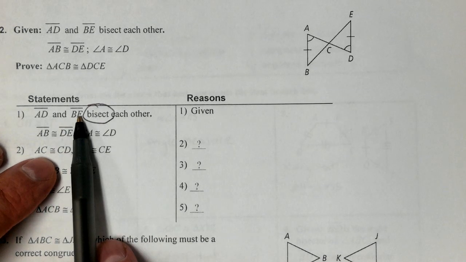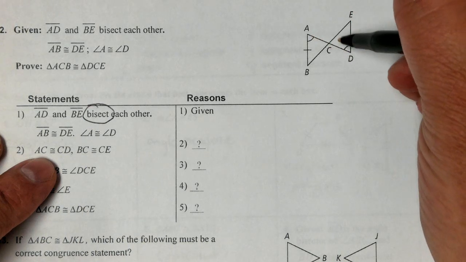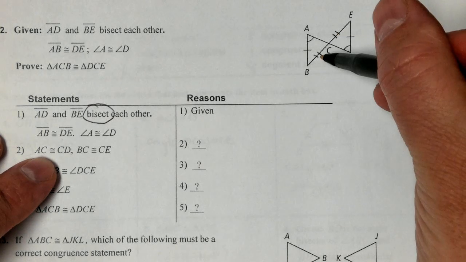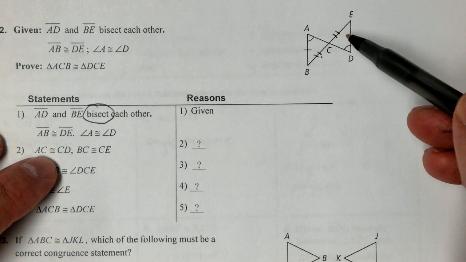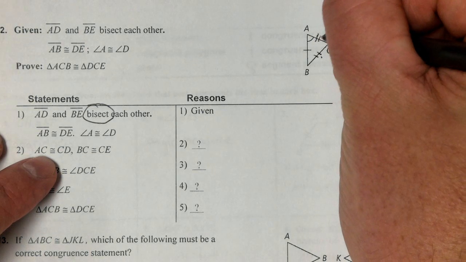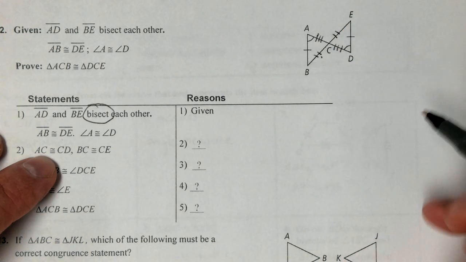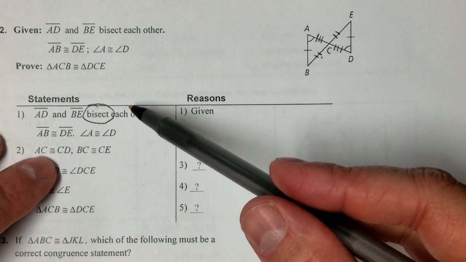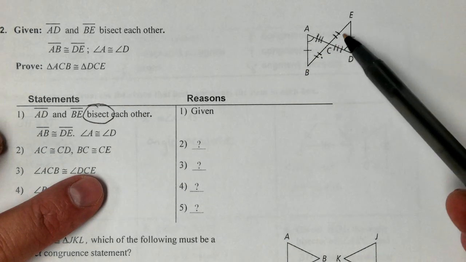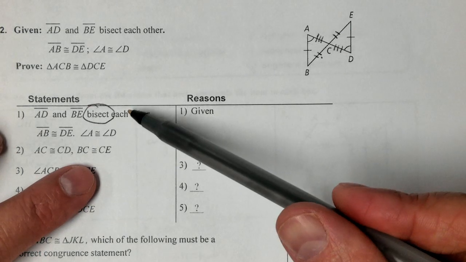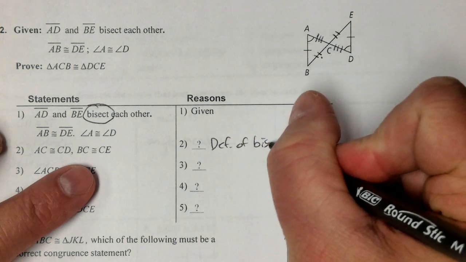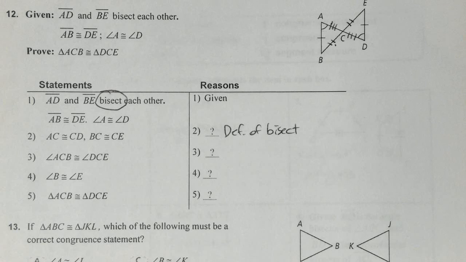Well, if AD and BE bisect each other, that means this line cuts this in half, where those are equal. And the BE is bisecting AD, and so that means these are equal. So that's what it means. And over here we have AC equals CD and BC equals CE. So that's going to be right. It's called definition of bisect.